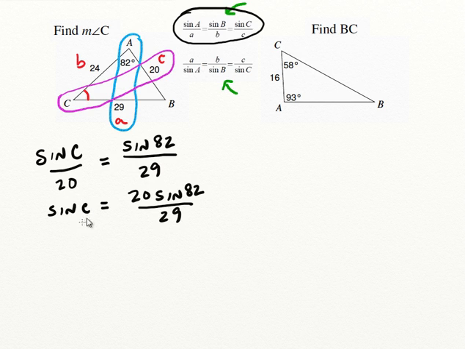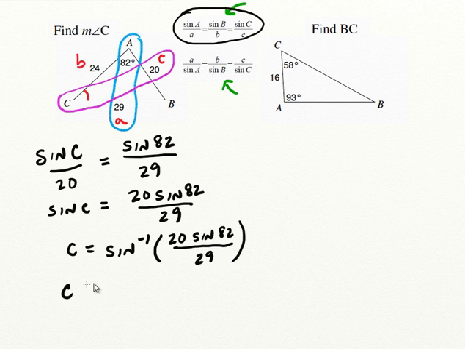Okay, now we want just the angle measure of C, not sine C. So to get the angle measure of C, I'm going to move sine to the other side, which will cause it to become the inverse sine of 20 times sine 82, all of that over 29.